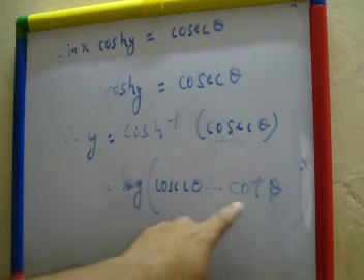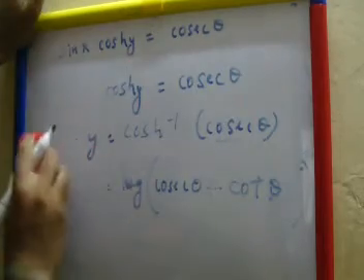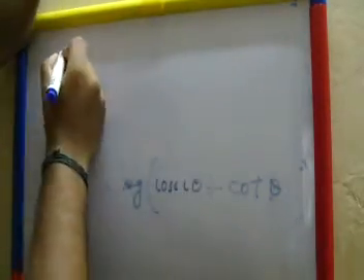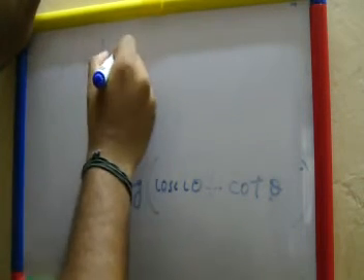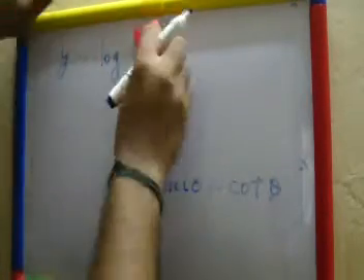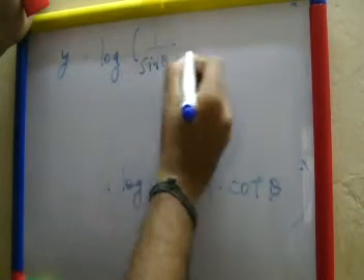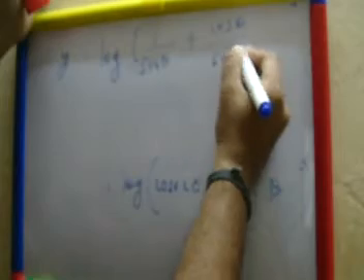Now cosec theta and cot theta over here, we are going to manipulate this further. Cosec theta can be written as 1 upon sin theta, and cot as cos theta upon sin theta.